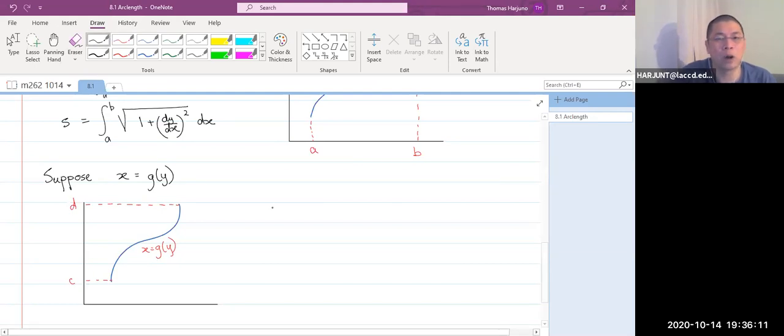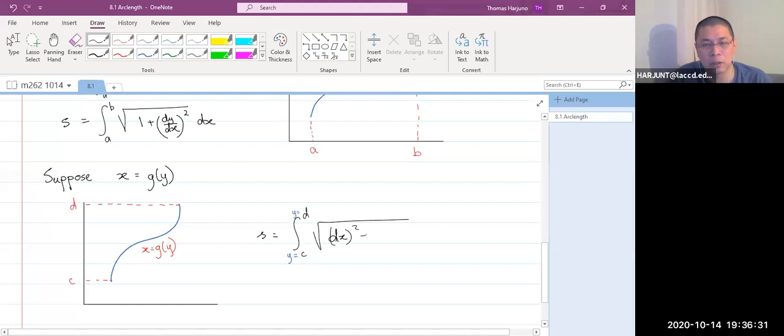Okay, so our arc length will then be integral from C to D. Don't forget, the C and D are on the y-axis. Originally it's supposed to be square root of dx squared plus dy squared, right?